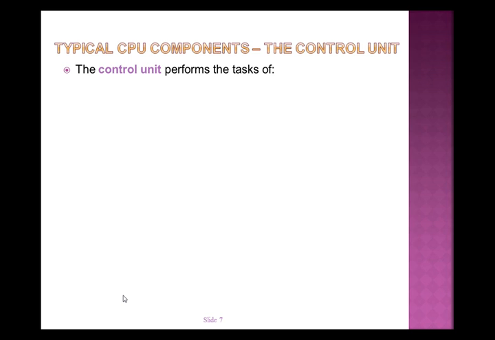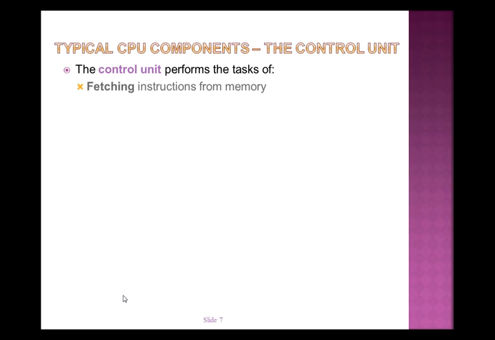Like in the human body, all the body components are managed by the nervous system. In the same way, all the components are managed and controlled by the CU, the control unit, in the computer system. What are the tasks of the control unit?